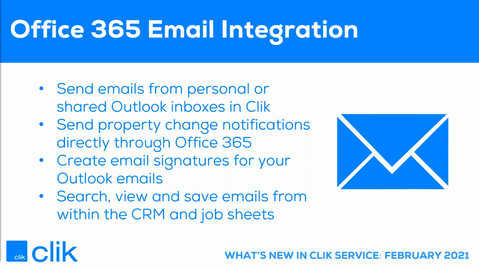We're also going to talk about how you can send your property change notifications or your automated emails through your Office 365. And we'll also talk about how you can create your email signatures from your Outlook emails as well. And then we'll also look at how you can search, view, and save your emails from within the CRM and job sheets. So what we're going to do is go through that now.